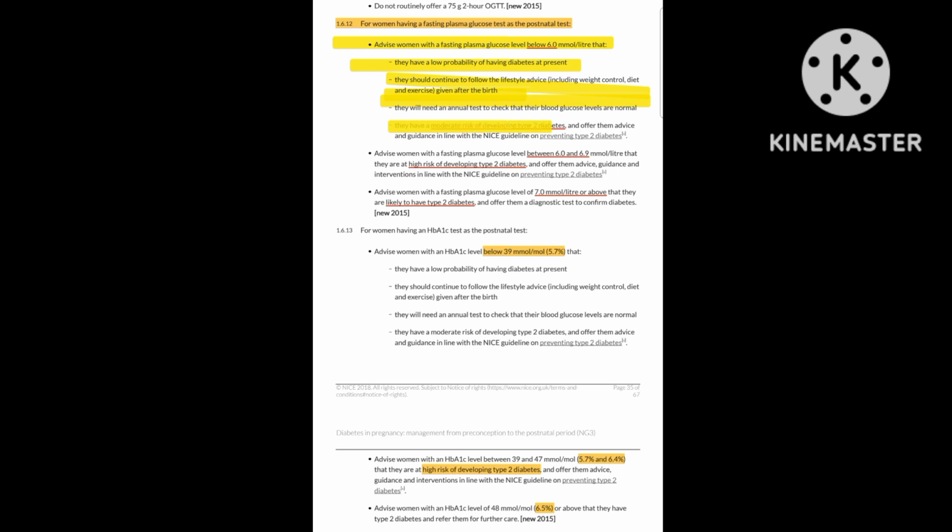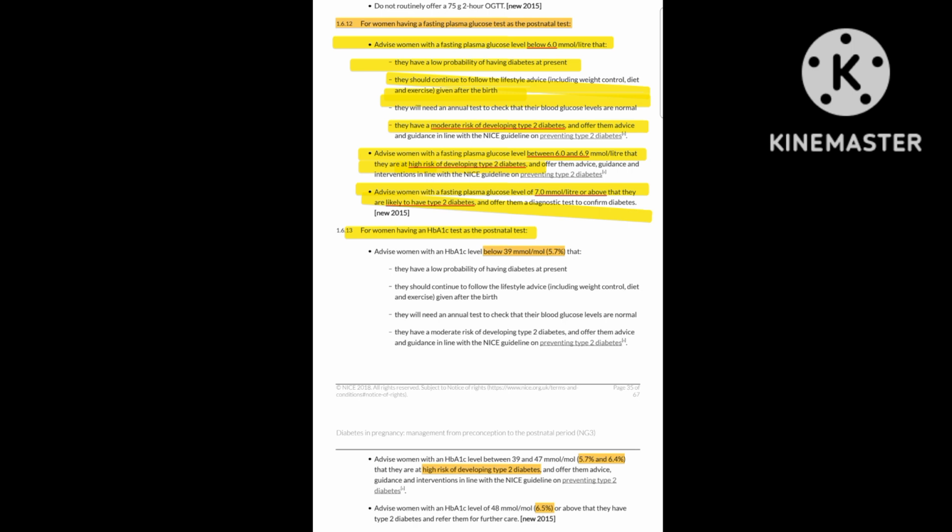They have a moderate risk of developing type 2 diabetes, so offer them advice and guidance in line with the NICE guidelines. Advise women with a fasting plasma glucose level between 6.0 and 6.9 millimole per liter that they are at high risk of developing type 2 diabetes. Advise women with a fasting plasma glucose level of 7.0 millimole per liter or above that they are likely to have type 2 diabetes, and offer them diagnostic tests to confirm diabetes.